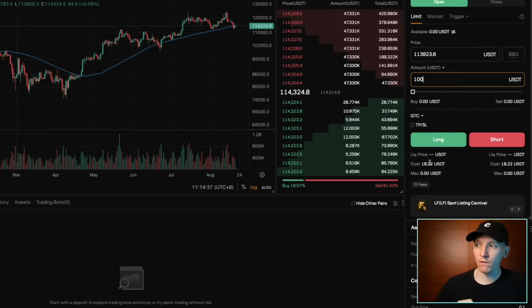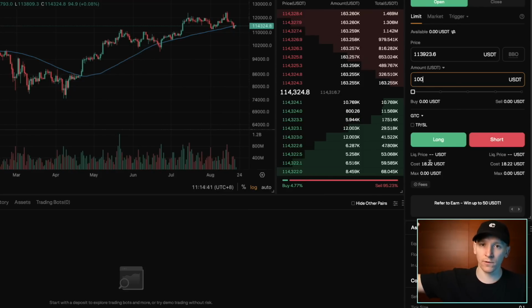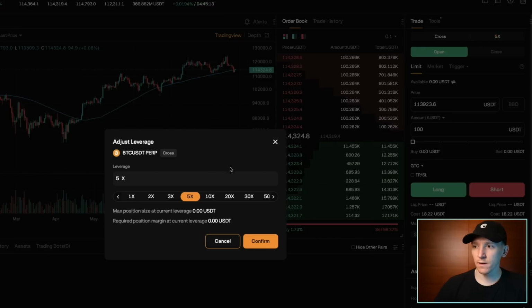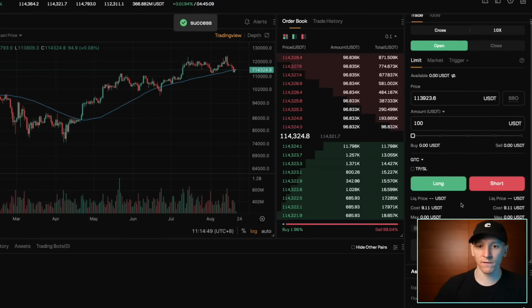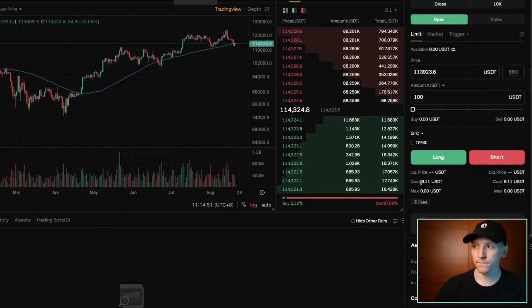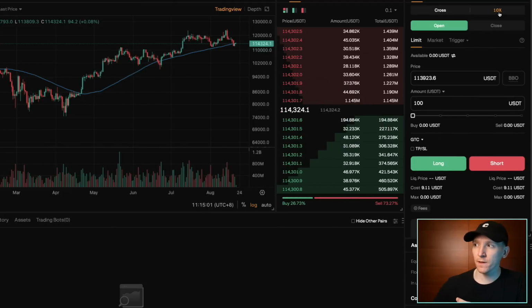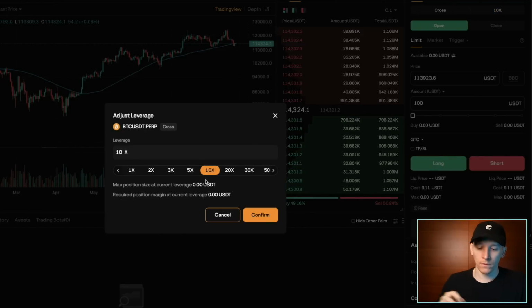So my cost is $20 times 5x leverage is the $100 trade size. If we use 10x leverage, then obviously 10 times 10 is 100. So you should see that my cost now is $10. So the leverage doesn't change the position size. You tell the system the position size that you want to trade. The leverage is just simply a multiple of the cash that you put down.